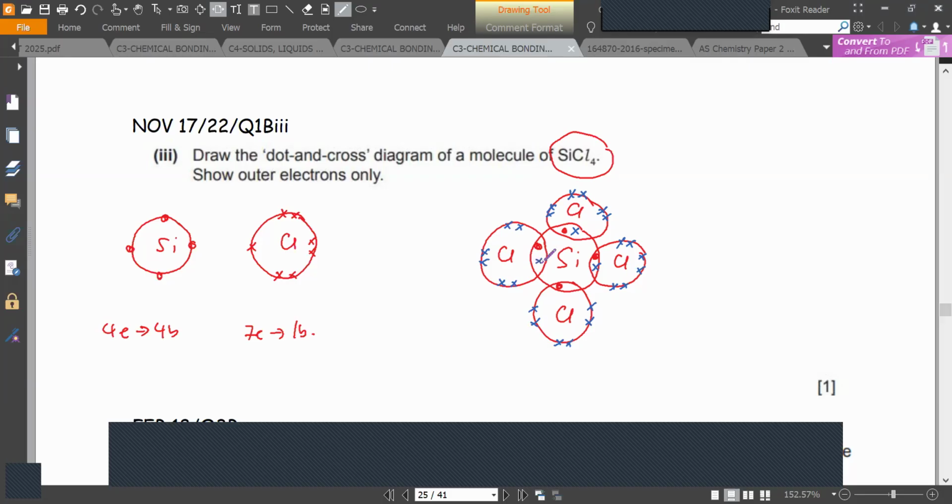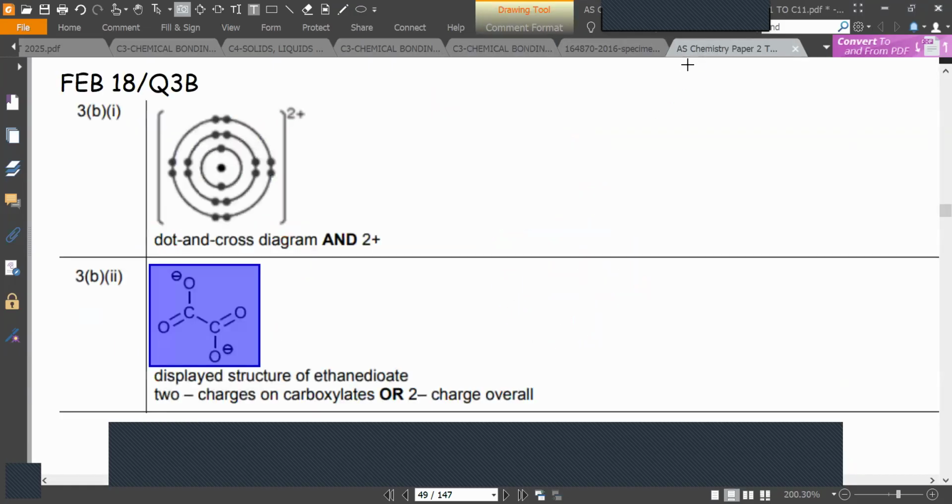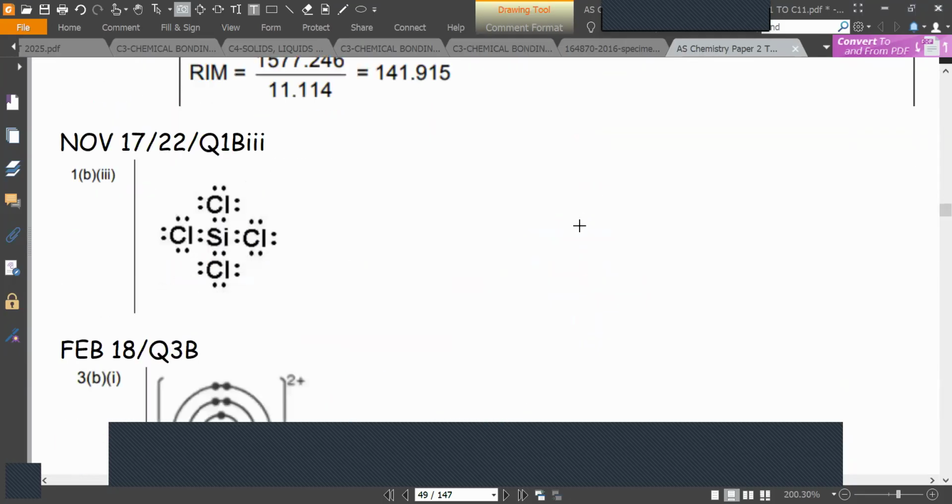Basically just like that. If we do everything correctly, all of them will have the octet, which is like this.